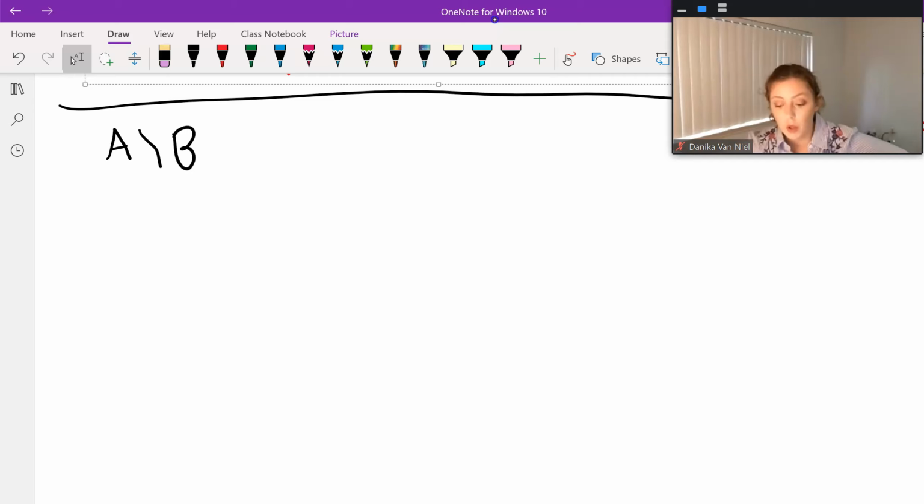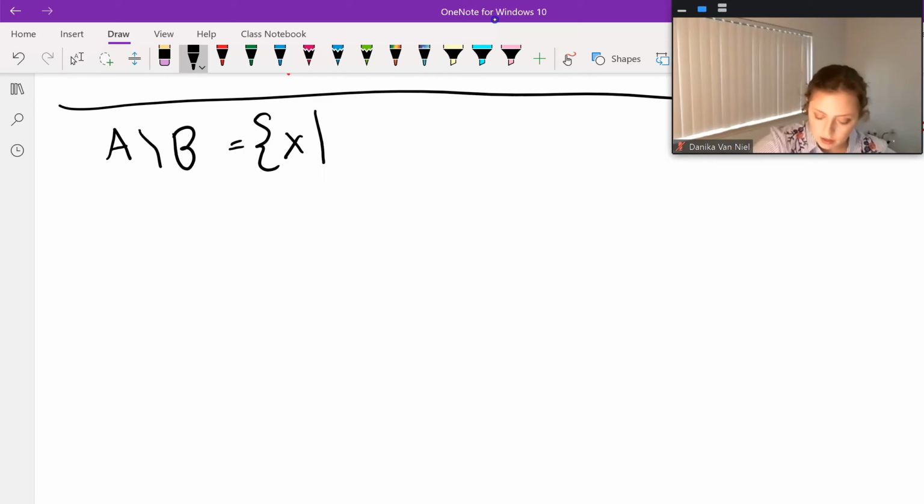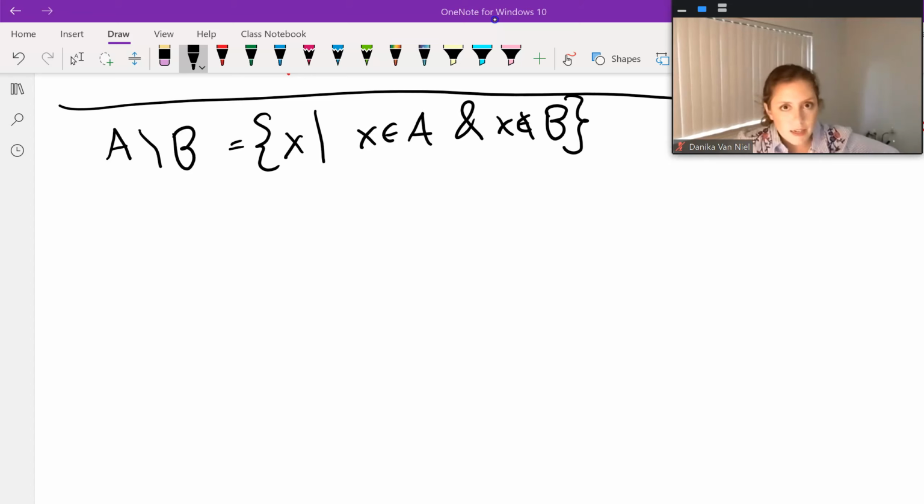No, because this set is written as x such that x is in A and x is not in B. So if an element is in B and it's not in A, we don't care. We don't care about any elements that are not in A because that doesn't satisfy our first condition.